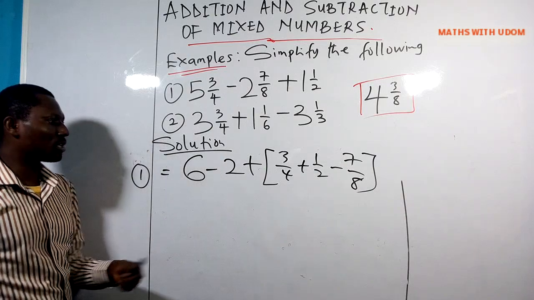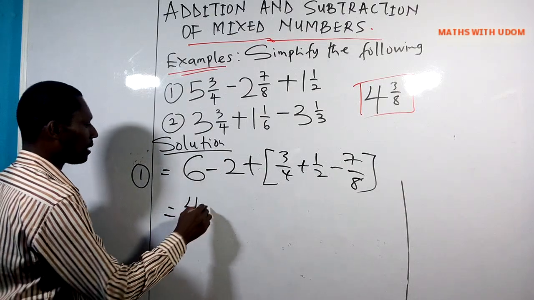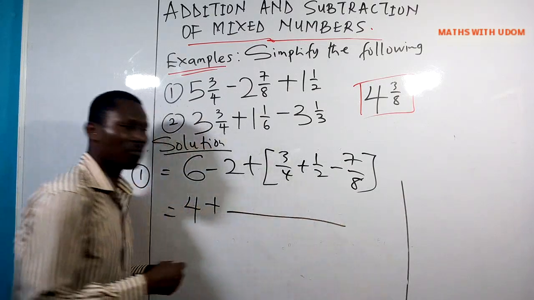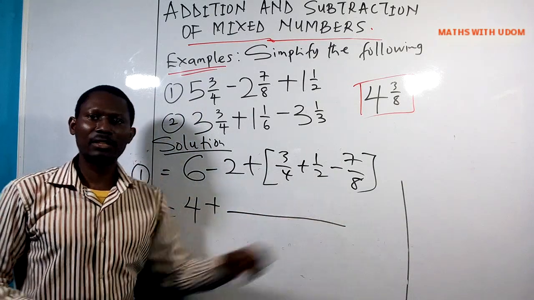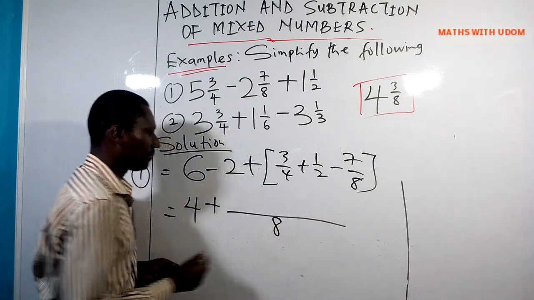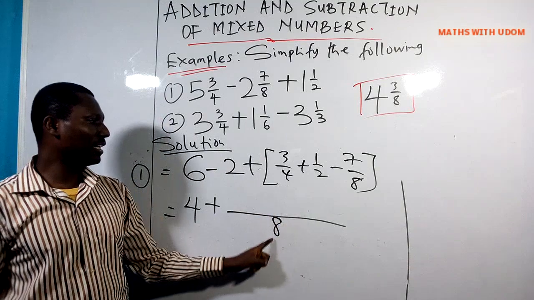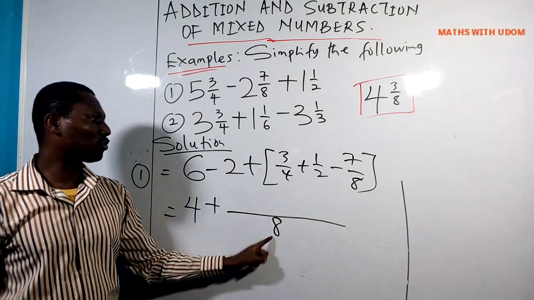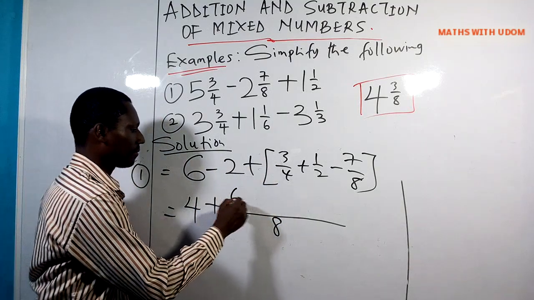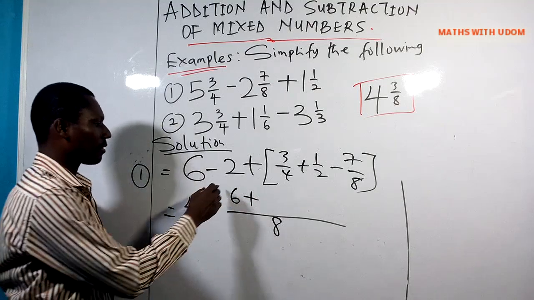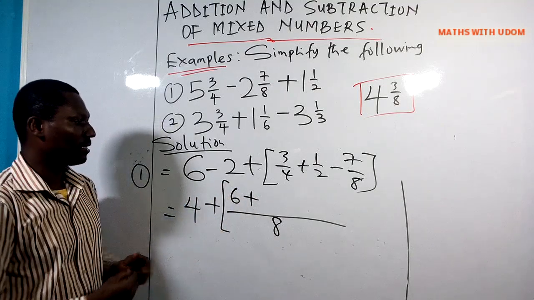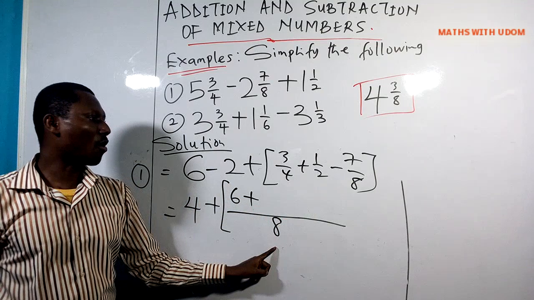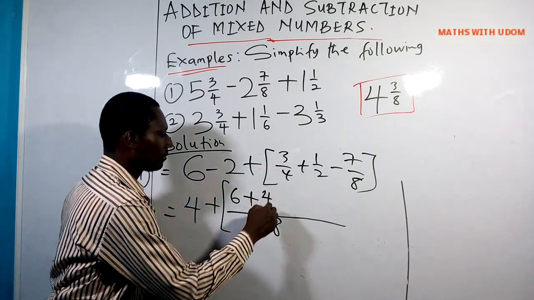So 6 take away 2 is 4. 4 whole number plus, then the LCM of 4, 2 and 8 is 8. So from here, how many 4 in 8? 2. 2 times 3 is 6 plus, of course this is still the brackets. How many 2 can go in 8? 4. 4 times 1, 4.